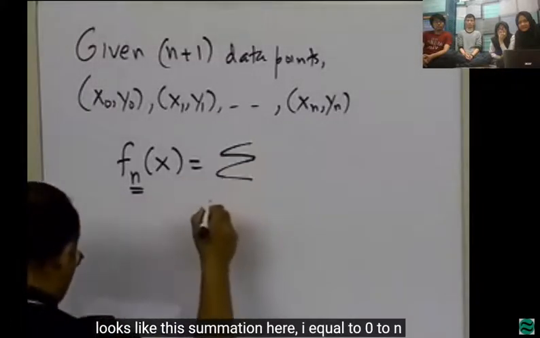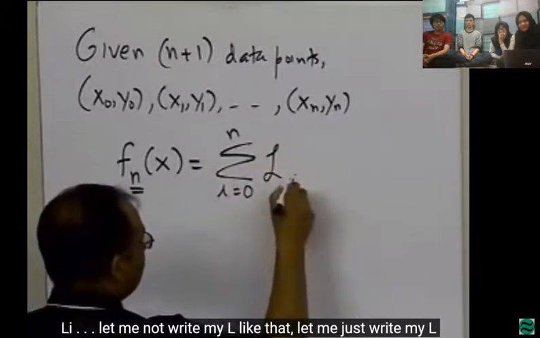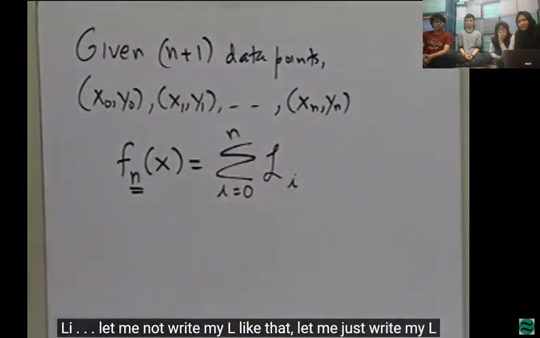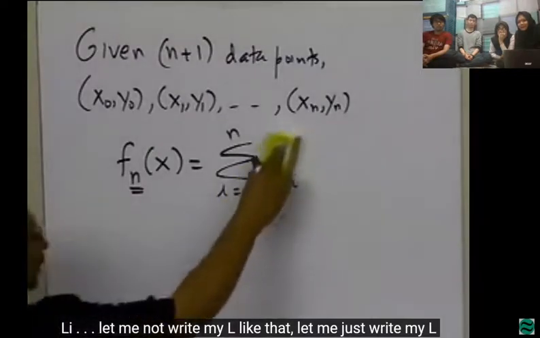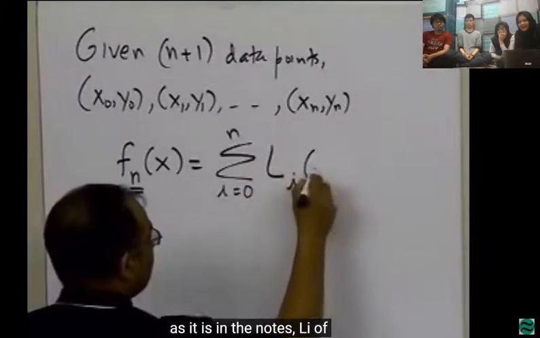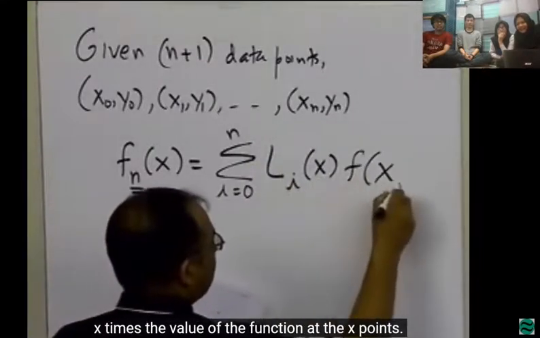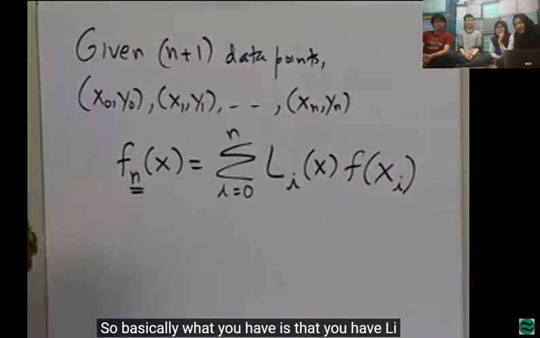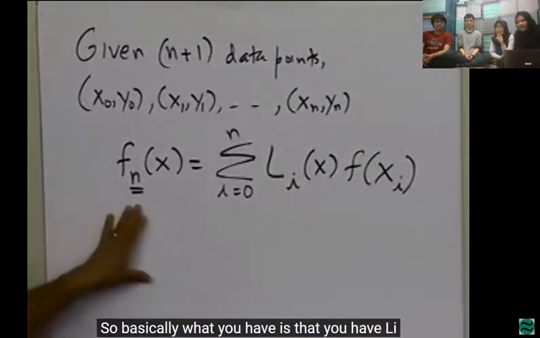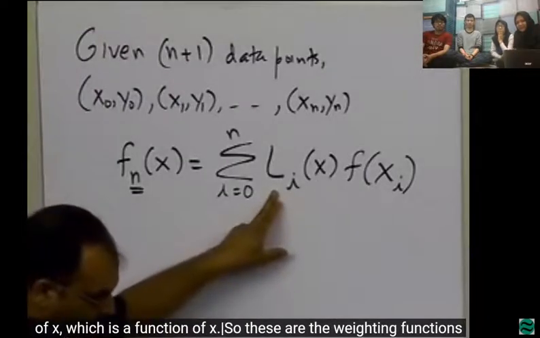It looks like this: summation, i equal to 0 to n, L sub i of x, let me just write my L as it is in the notes, times the value of the function at the x points. So basically you have L sub i of x, which is a function of x.